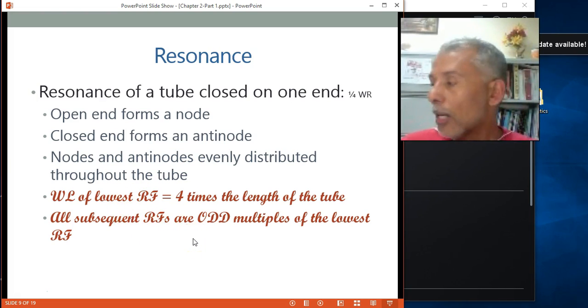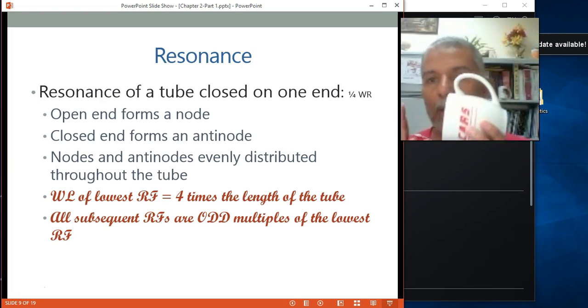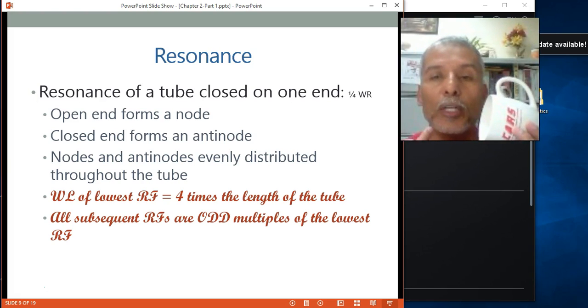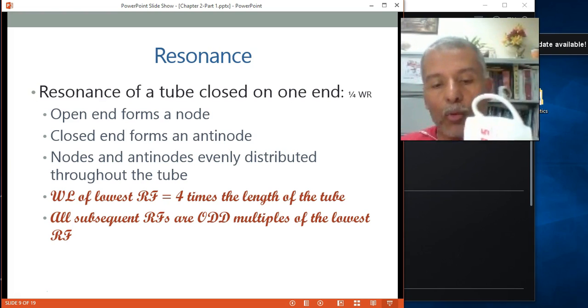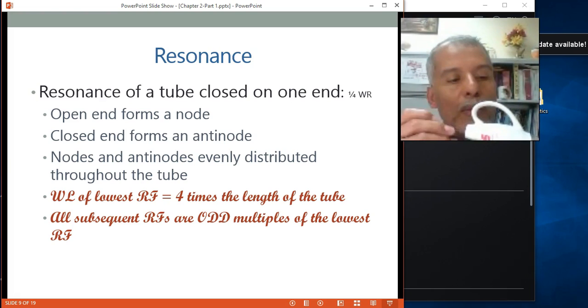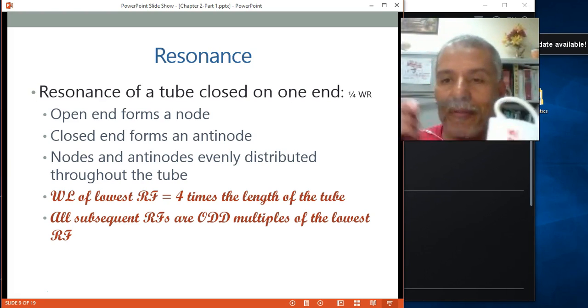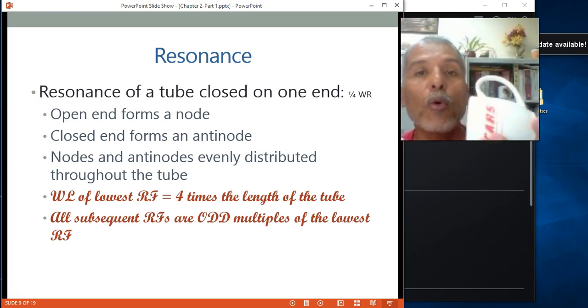Now, if I know that this tube the first time can only take 1/4 of my wavelength, what do I need to figure out the length of that wave? All I need to do is get a tape and measure the length of this tube. If I say this is 4 inches, that means by definition it will only allow 1/4 of my wave, not more, not less.